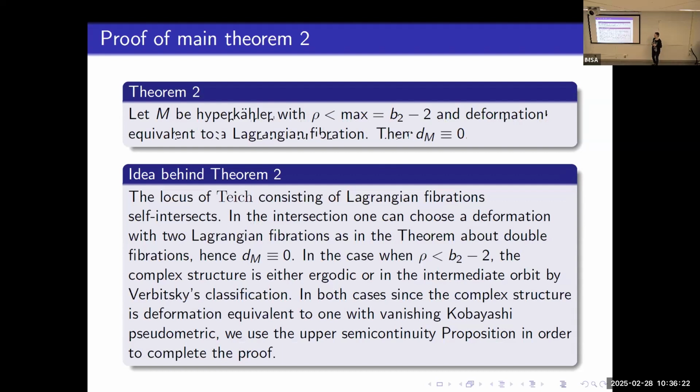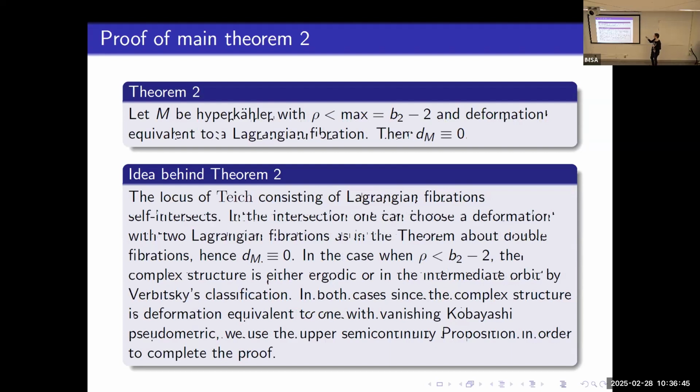So the locus of Lagrangian fibrations actually self-intersects, and then you take a general point in this self-intersection. It will have at least two Lagrangian fibrations, and then for this point you have vanishing of the Kobayashi pseudodistance.